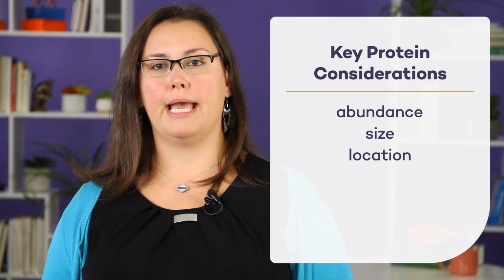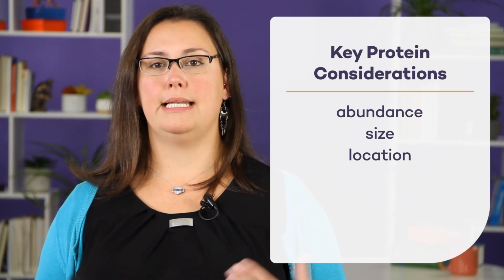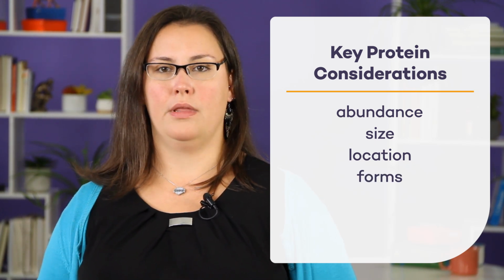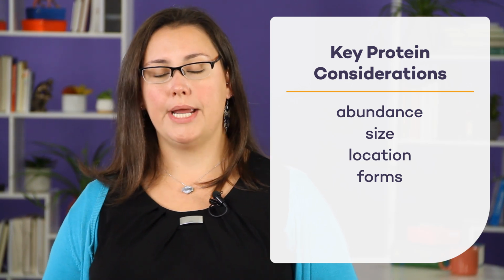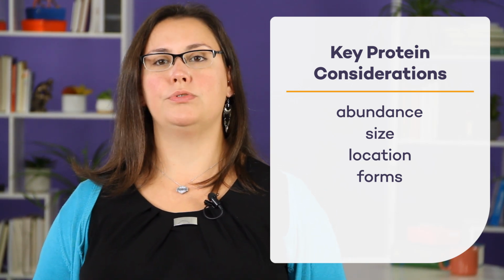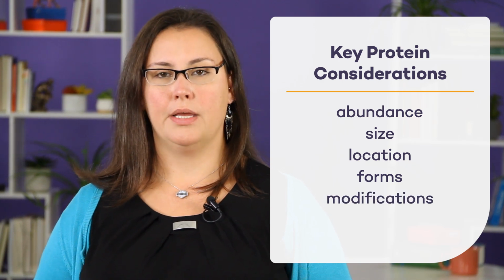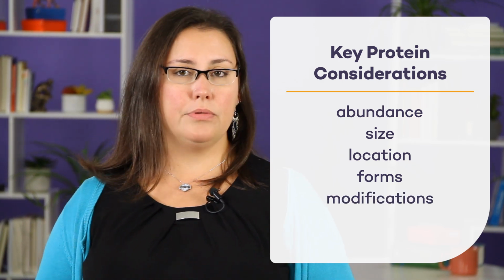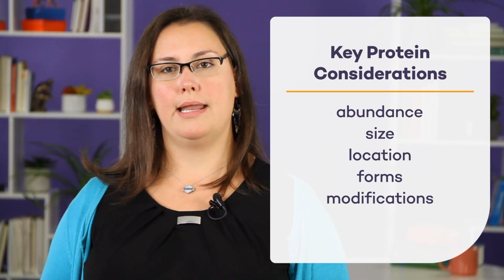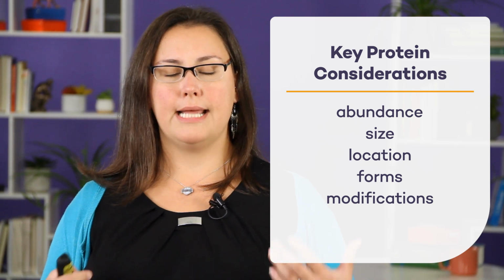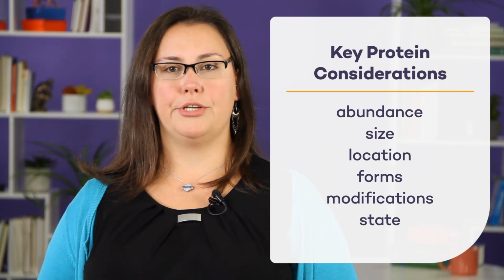Then we look at whether this protein is present in different forms. We also need to take into consideration whether that protein is known to undergo chemical or post-translational modifications. Last but not least, you will need to determine if you're going to obtain and handle that protein in its native state or in its denatured form.